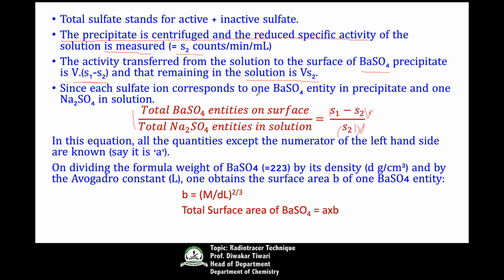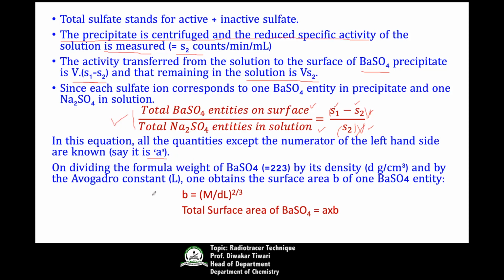In this equation S1 is known, S2 is known, and the total sulfate in solution is known. The only unknown is the total barium sulfate entities on the surface, which you can calculate using this equation; suppose it comes out as A.